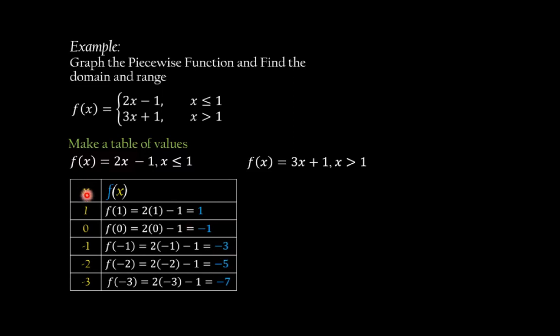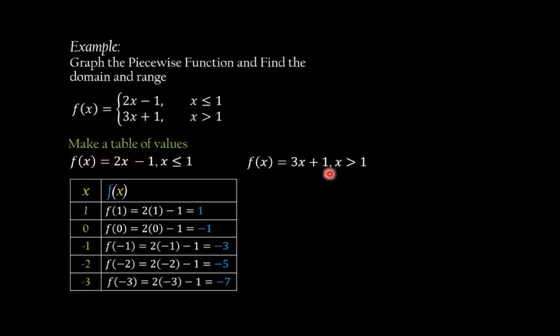This is the domain. This is the range. Negative 2, if you plug in, you have 2 times negative 2 minus 1, that is negative 5. And so on and so forth. So we have completed the 5 inputs and outputs here for this first piece of our function. And the next piece of our function is 3x plus 1.